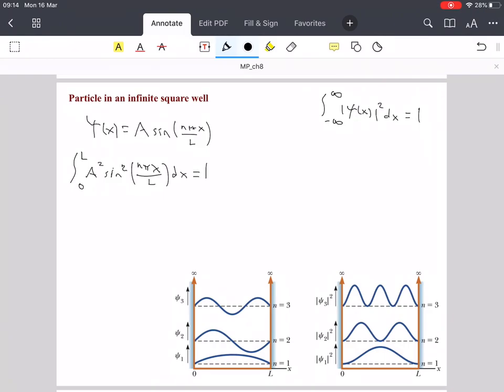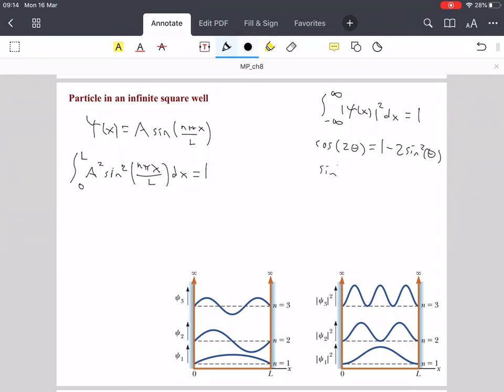Okay, now how do we do this integral? Well, we can first go from a sine squared to a cosine of 2 times the angle using the double angle formula, which I'll write here. So cosine of 2 theta is 1 minus 2 sine squared theta.